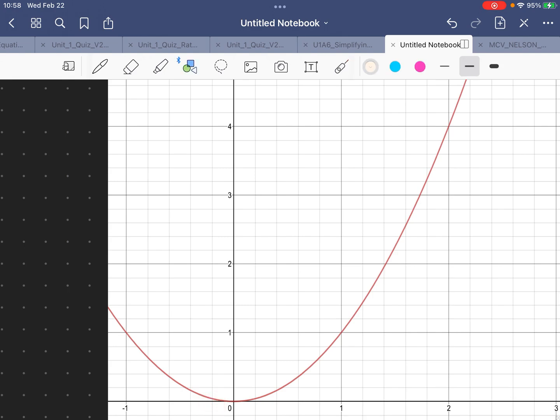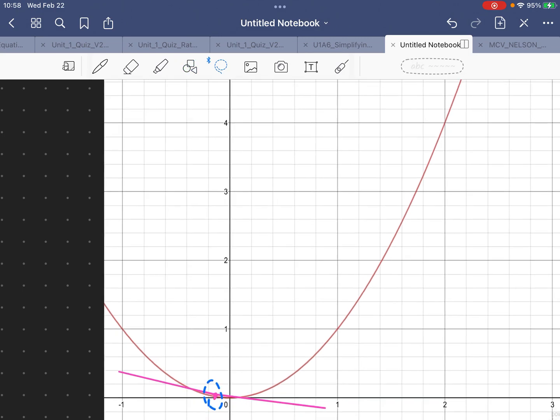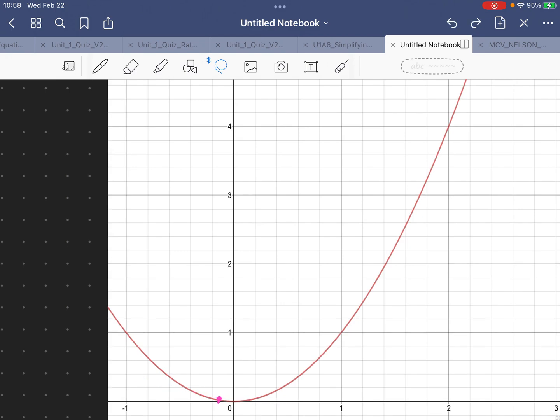So let's draw a tangent to the best we can at this very point. That would be the pink one. I'm telling you, it's not going to be that easy because it's a point way down on the graph.